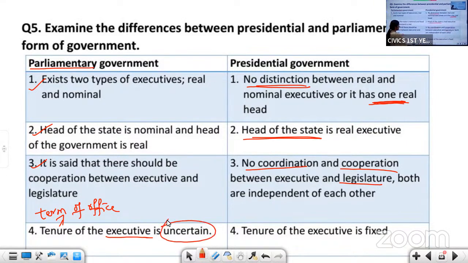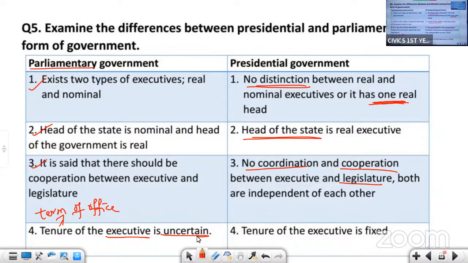It is uncertain. They can rule for 5 years, or if they fail to satisfy the legislature, then a no confidence motion can be passed against them. So they may lose the power before also. There is no certainty. We are not sure that the government will complete its tenure of 5 years.